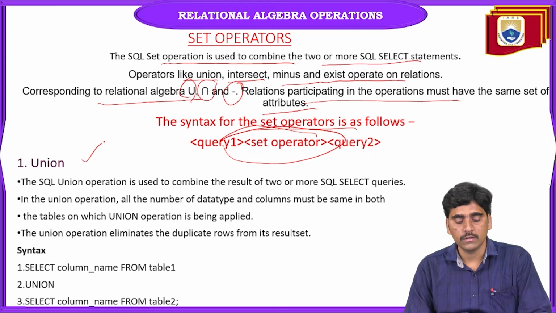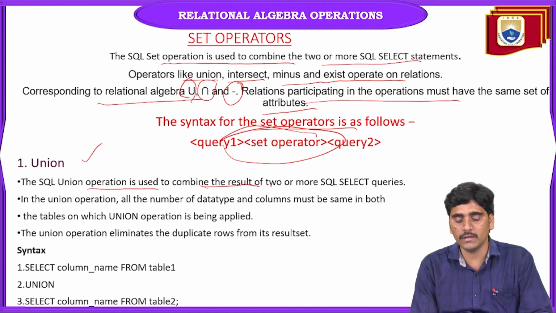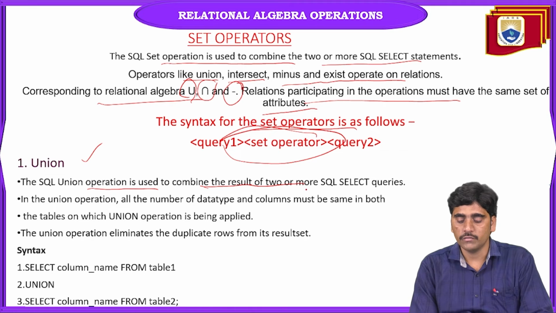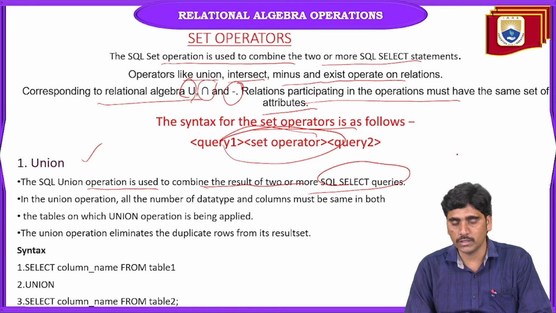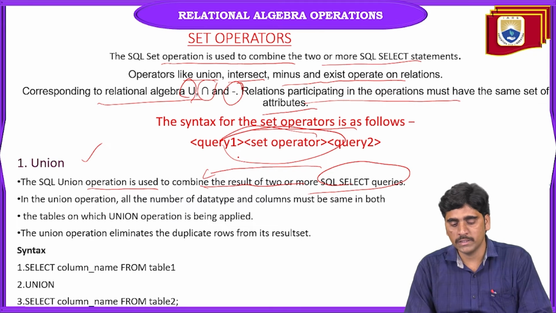Union operator. The SQL union operation is used to combine the result of two or more SQL select queries. If you have more than one select query, you are not going to execute them all separately; you can combine all the tables and display the result.